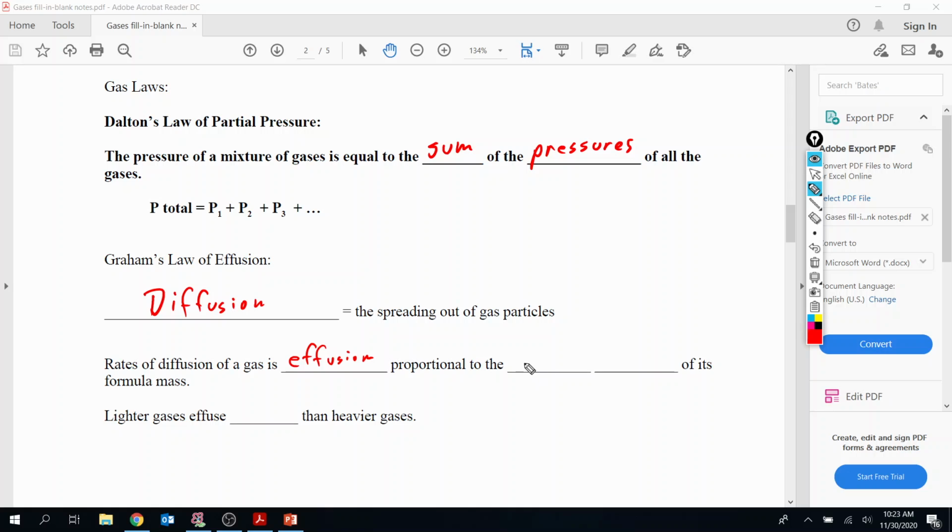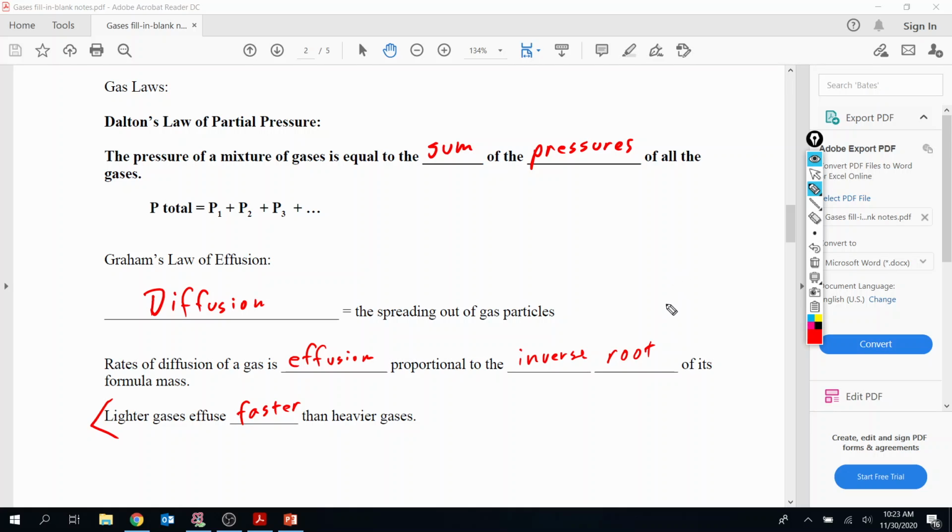And it is proportional to the inverse root of its formula mass. And the real take-home message is that lighter gases effuse faster than heavier gases. That's what we were really concerned about.